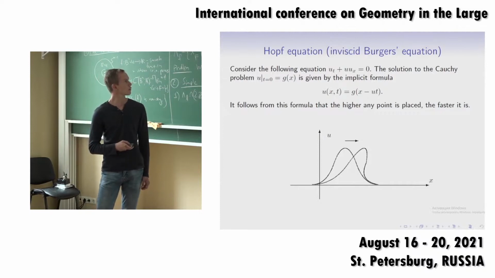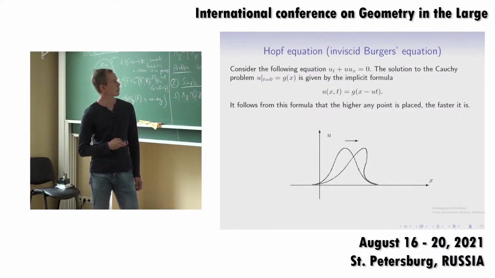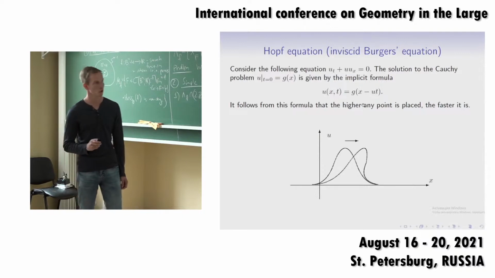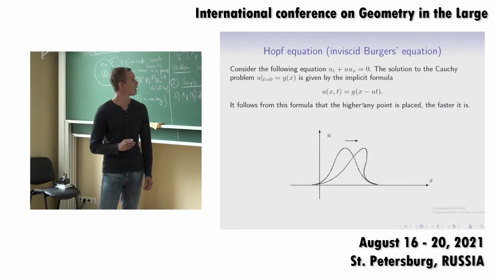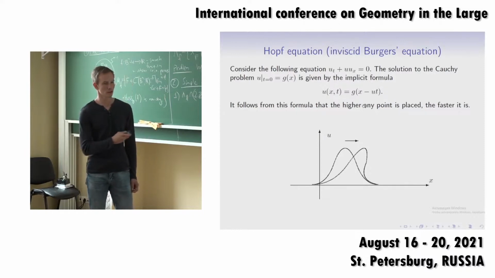It has a very clear physical meaning also: the higher any point of the initial profile G is placed, the faster it moves, and at a certain moment the solution blows up. So this is a very typical situation for solutions to such quasi-linear systems. However, sometimes global analytical solutions exist, and I will show you a couple of them which relate to geodesic flows.